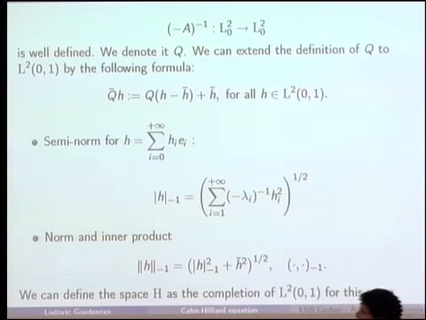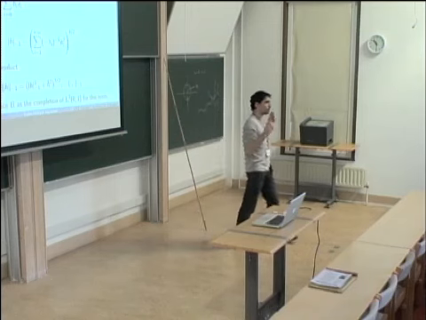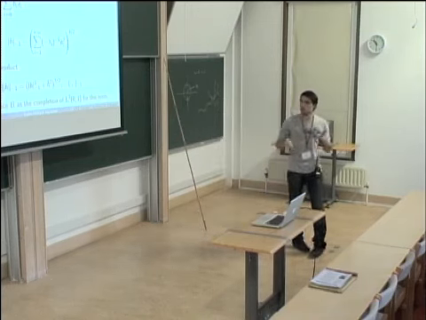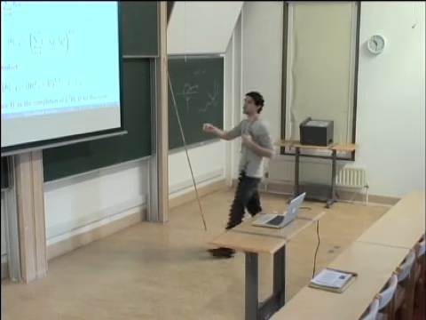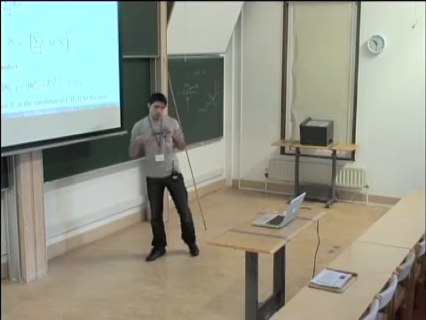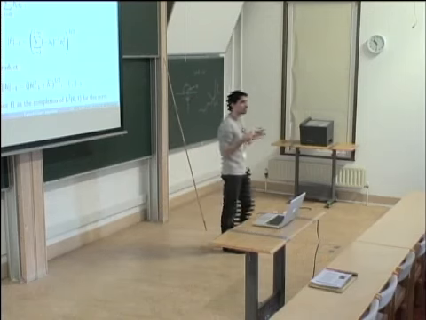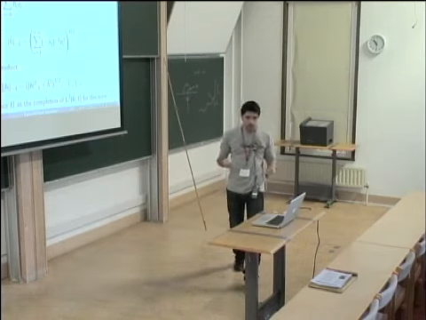And we denote this space H as the completion of the L2 space for this new norm, and we have this new inner product. Since the Cahn-Hilliard equation is a gradient flow in H minus 1, we have to work in this space because it is the space of the solution and it is not the L2 space.